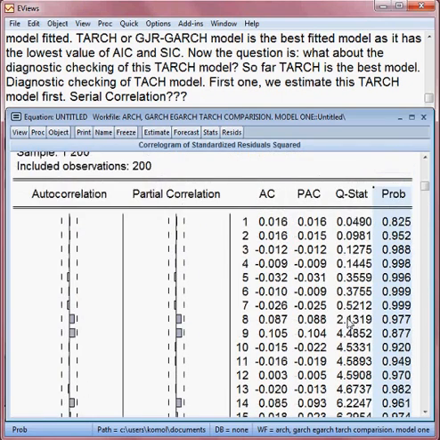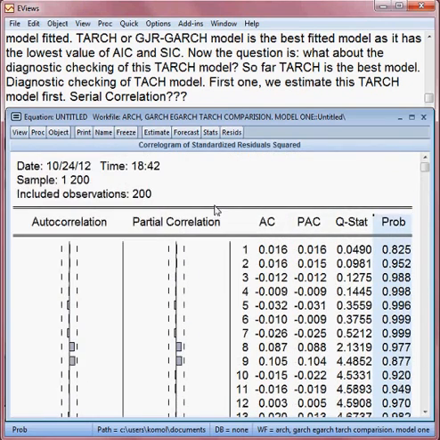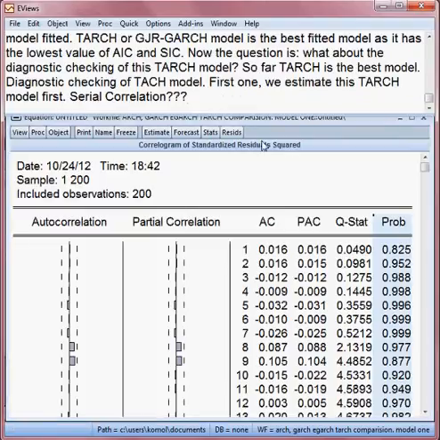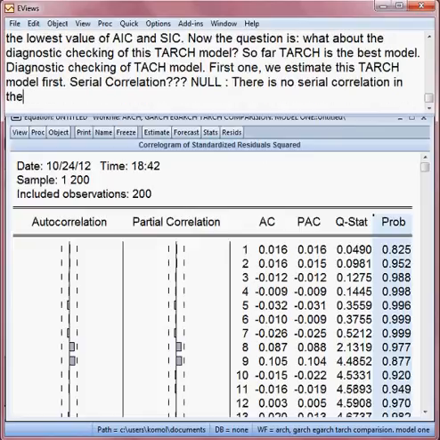For this correlogram of standardized residual squared, what is our null hypothesis? Null is there is no serial correlation in the residual.